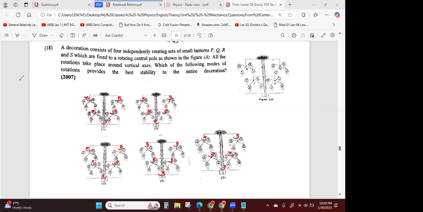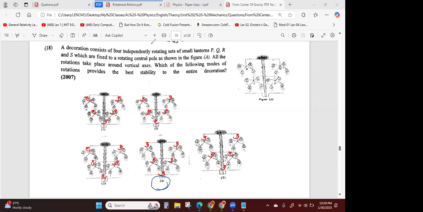No. The answer is the fourth one. Okay. I'll ask you a question. Tell me, is a bicycle more stable at higher speed or lower speed?